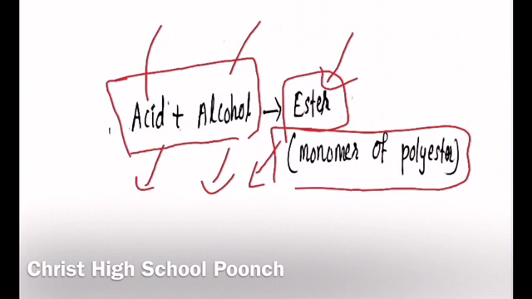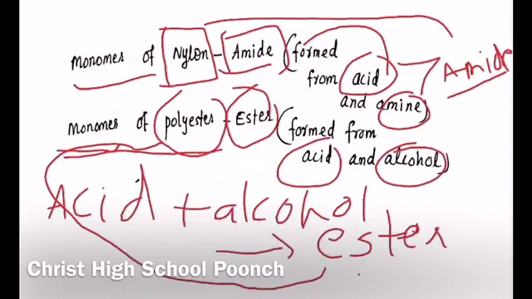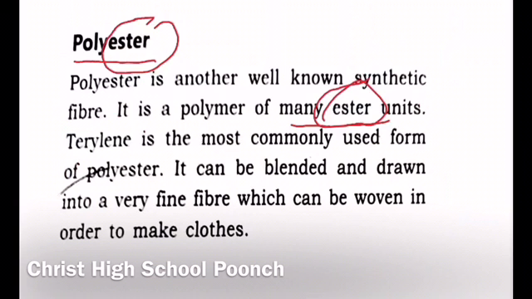By changing the acid and alcohol, you will get new varieties of esters, that is, varieties of polyester cloths. And the most commonly used polyester is Terylene. So Terylene is an example of polyester.